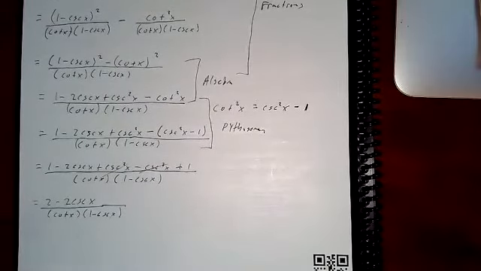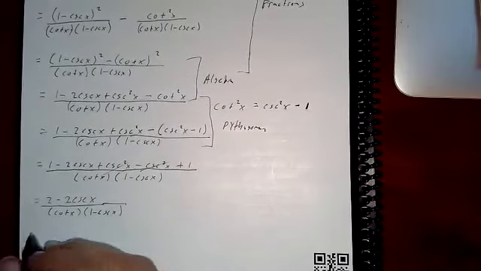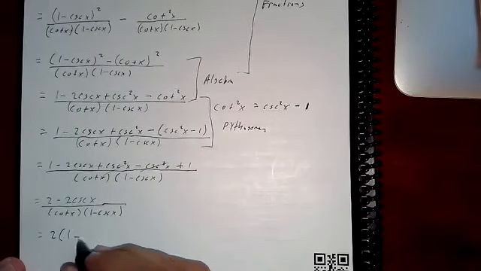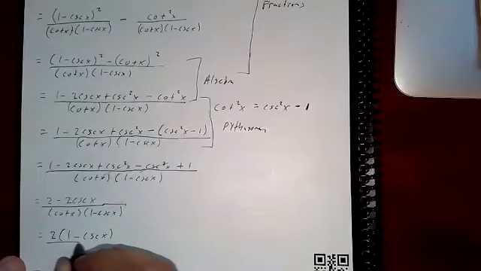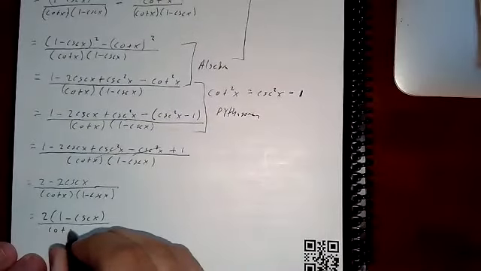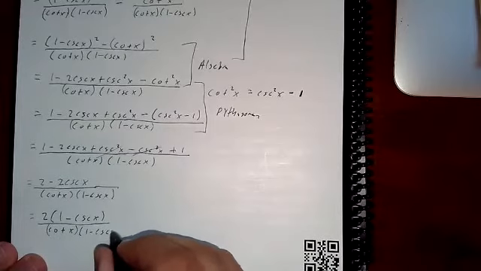So now it looks like we're almost done, because I see they have a 2 in common, right? So I can factor that 2 out. So that will give us 2 times 1 minus cosecant x over cotangent x times 1 minus cosecant. So these are going to cancel right here.